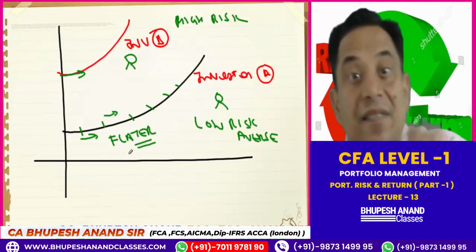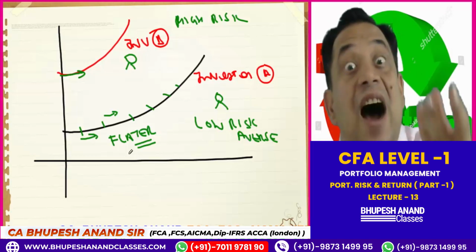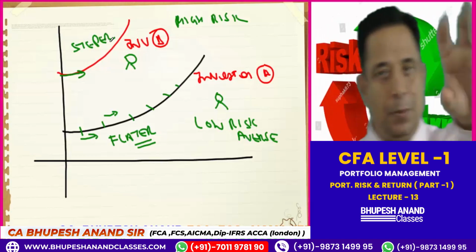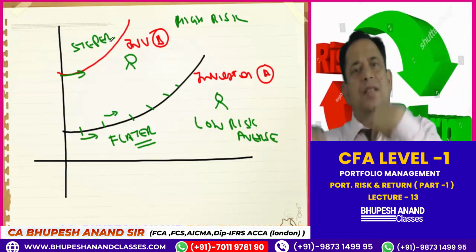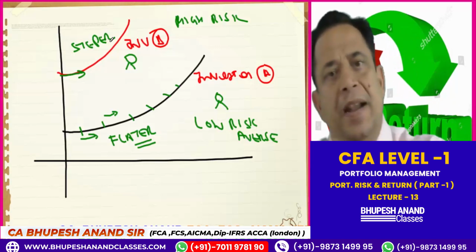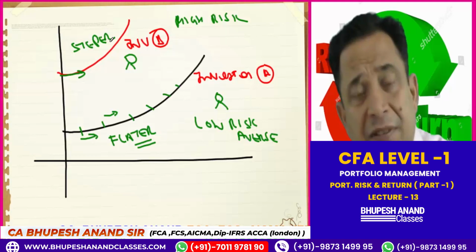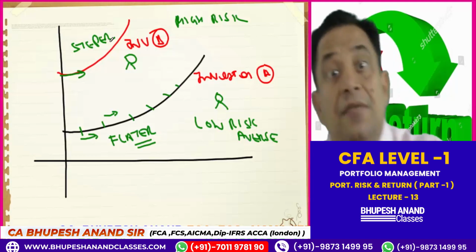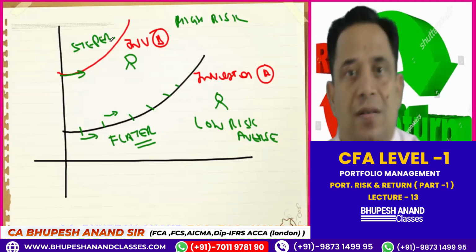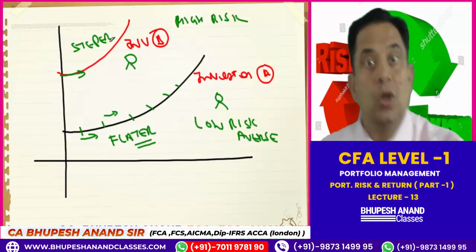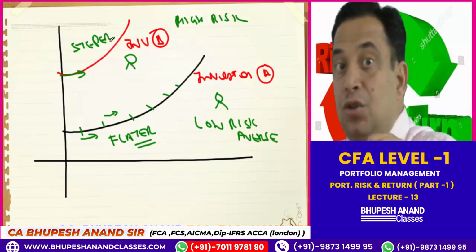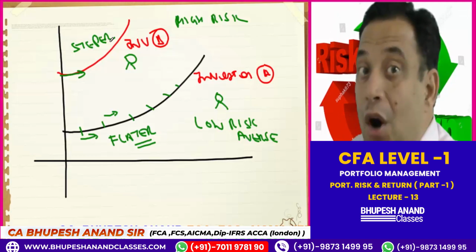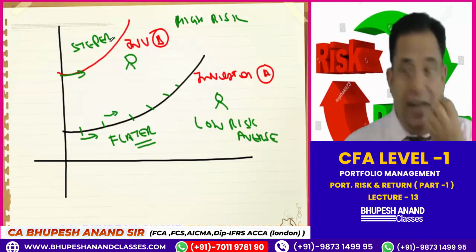And if the investor is highly risk averse, then the curve will be steeper. You're getting my point? So there can be different types of investors, and depending upon their preferences, their utility, their satisfaction, their questionnaire, we will find out their risk aversion score. The portfolio manager will calculate the risk aversion score, and on the basis of that he will find out whether the investor is less risk averse or more risk averse. That is not a big deal.